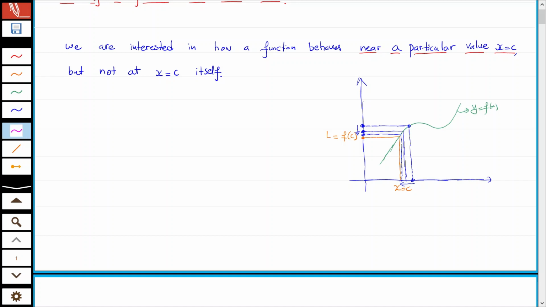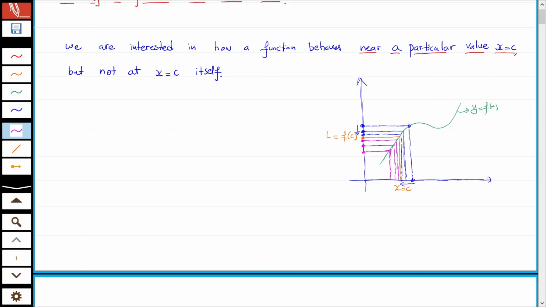Let's check on the other side. Suppose I'm here, a bit further away from x equals c. My y value is this pink dot here. Let's go closer. My y value is this pink dot here. Now again, I go close to c, as close as possible. My value on the y-axis would be closer to the orange dot.